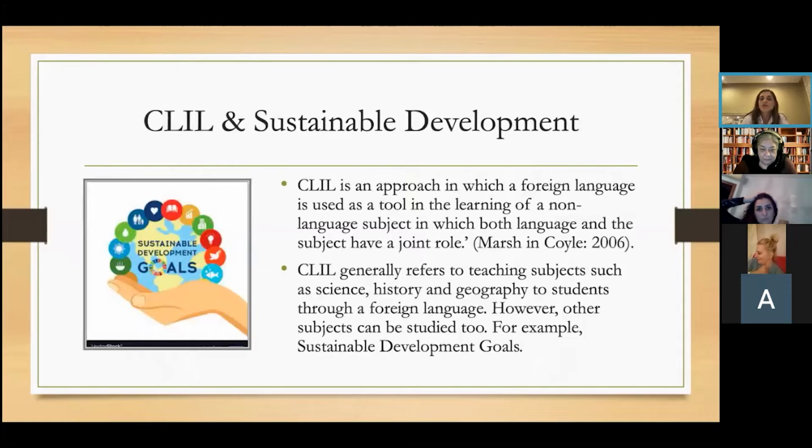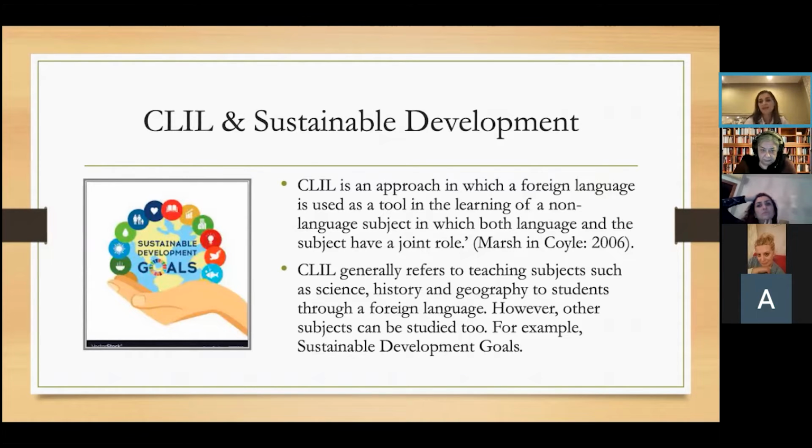As you see, so far, what did we discuss? We discussed CLIL and how CLIL can be used. The non-language topics in CLIL classes may be chosen from other disciplines, such as geography, science, and mathematics even, and so on.